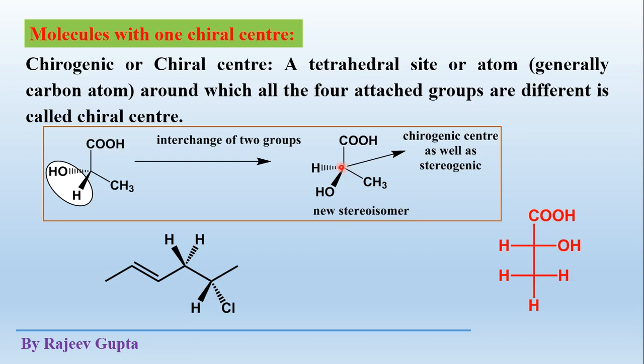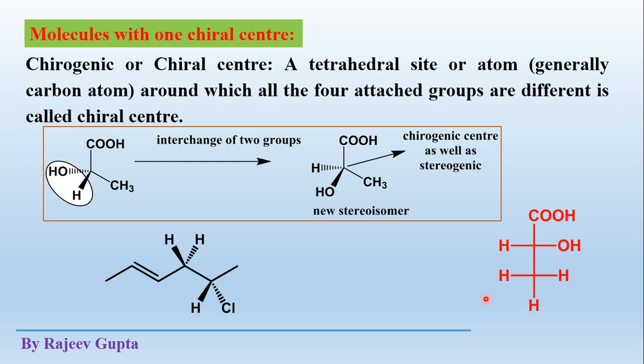So this center is verified as a chirogenic center, where an odd number interchange of two groups changes the stereo of the molecule or changes the configuration of the molecule. So it is also a stereogenic center.